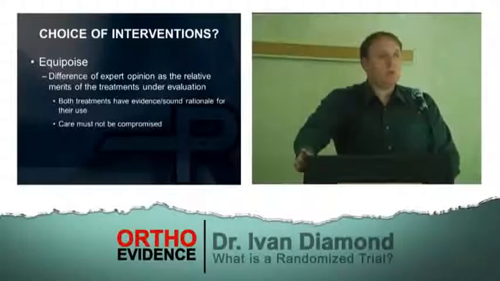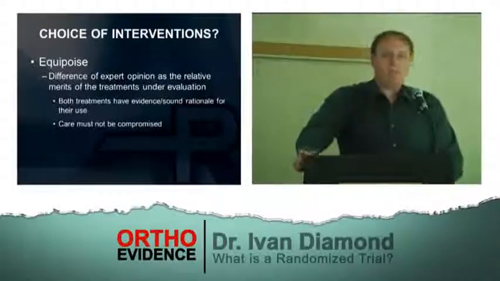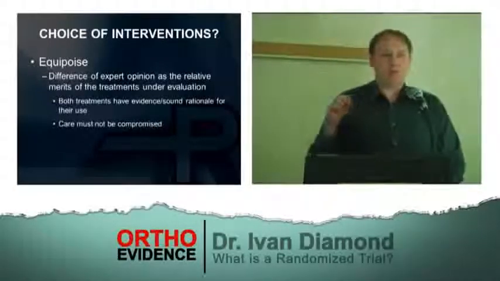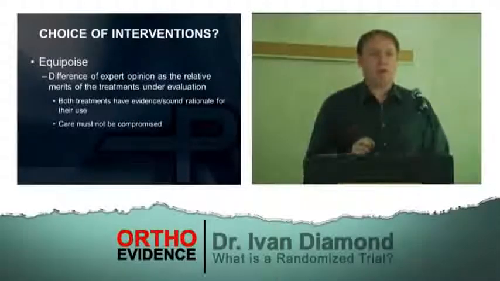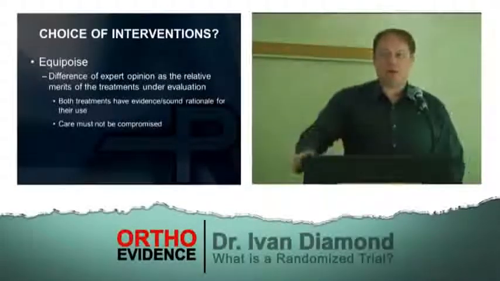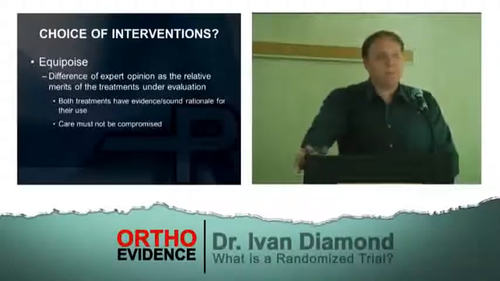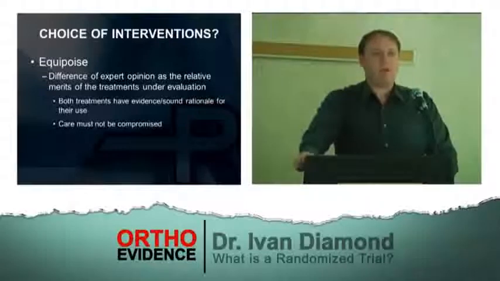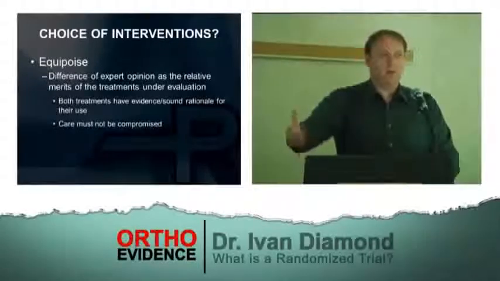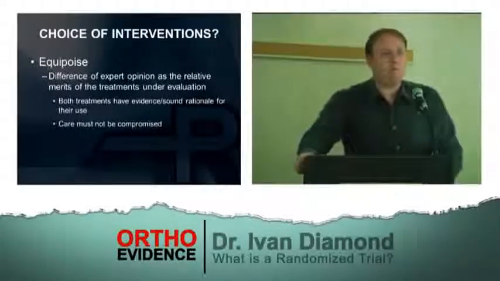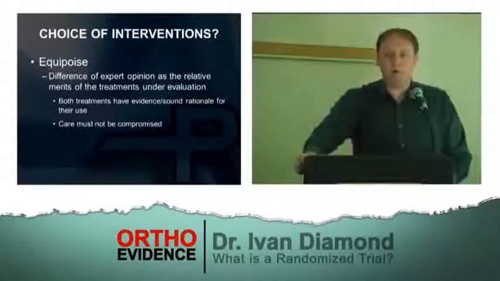We can never do a randomized trial of two treatments where there is great evidence that one treatment is better than the other, because if we know that one treatment's better, we don't have an ethical justification to randomize patients to a treatment that might be inferior or that we know is inferior.